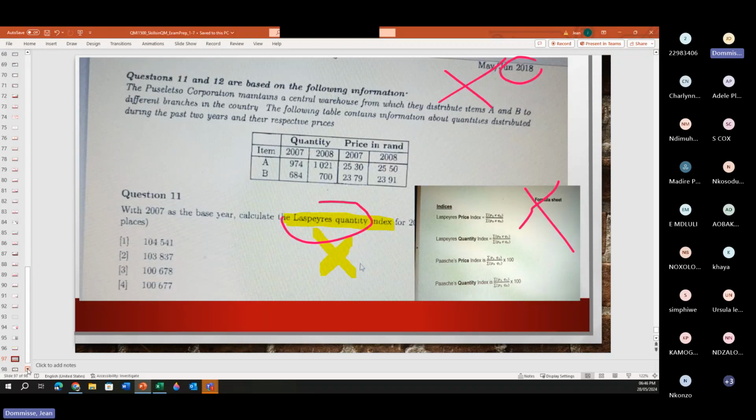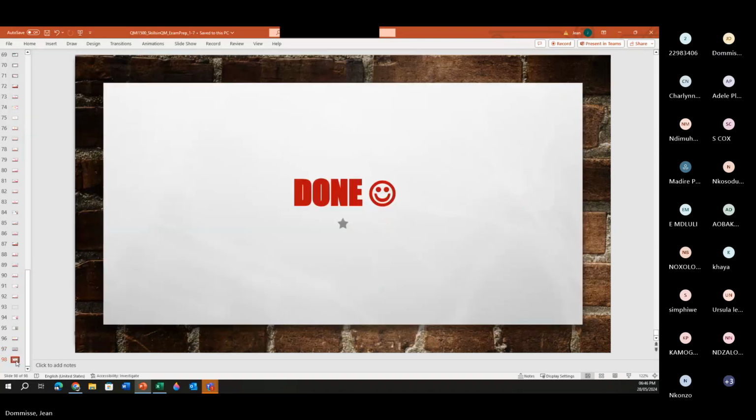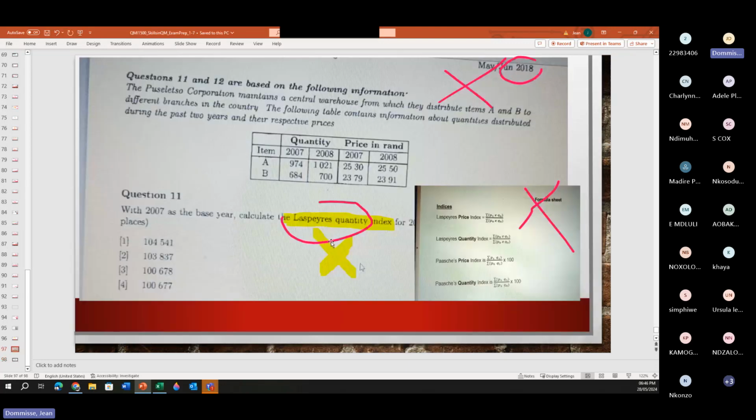Okay, so I just wanted to show those last two because there were a few questions around that and how to work it out. Again, it was not part of your studies, so that's why it wasn't covered anywhere.